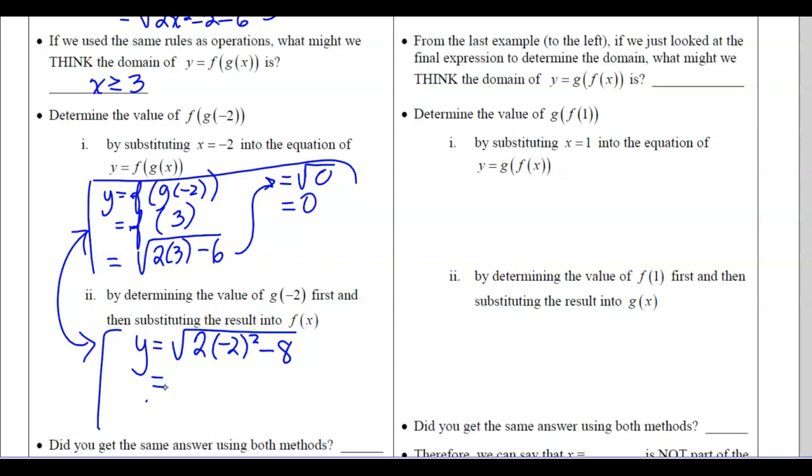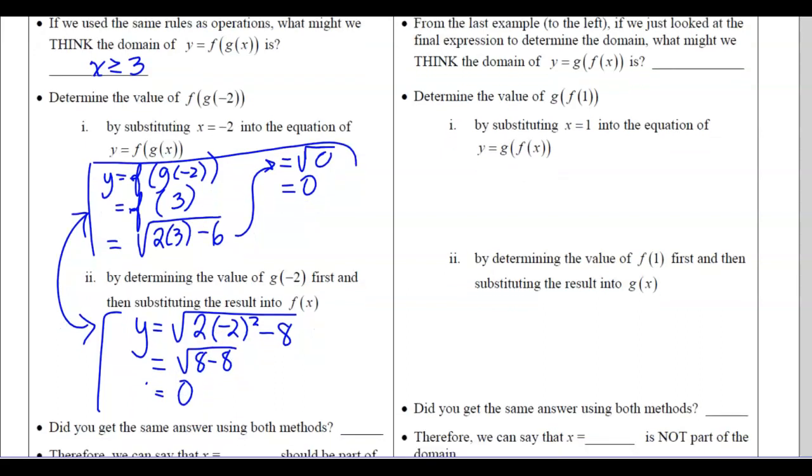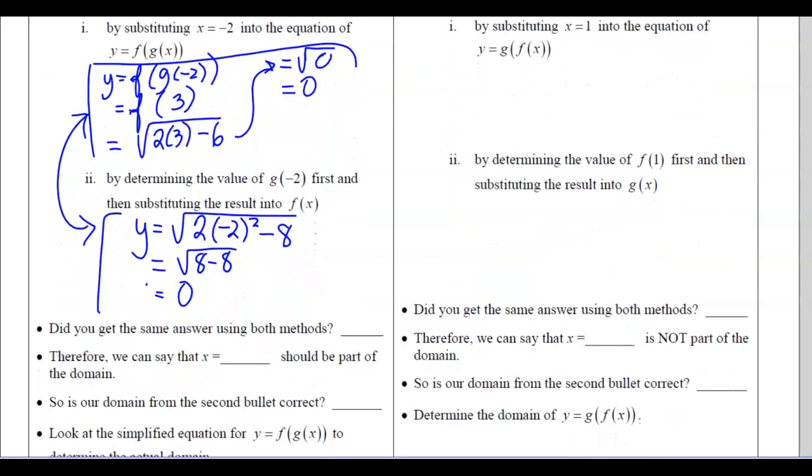Sorry about that, I was thinking ahead. I get the same value though. Did you get the same value? Yeah, I got 0 for both.